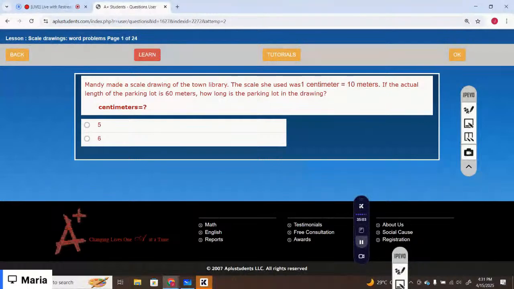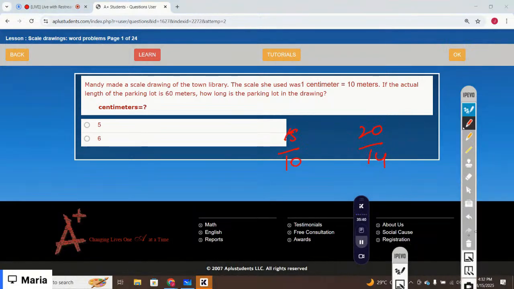Mandy made a scale drawing of the town library. The scale she used was 1 centimeter equal 10 meters. If the actual length of the parking lot is 60 meters, how long is the parking lot in the drawing? So 1 centimeter to 10 meters, that is the scale, right?